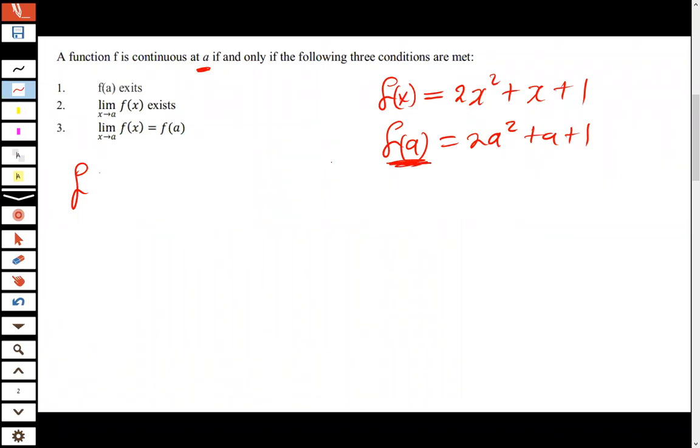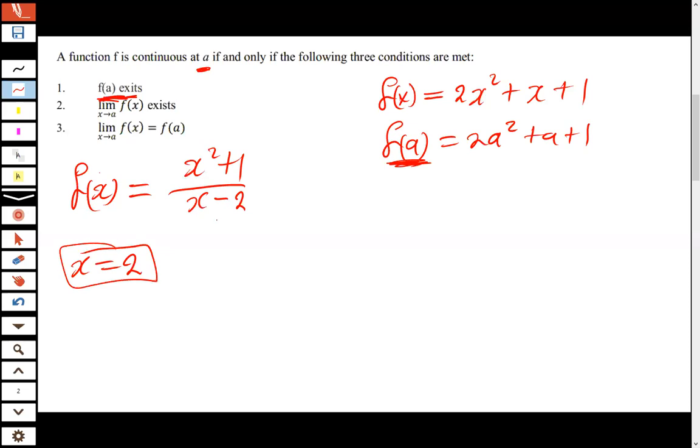So in short, if you have f of x equal to x squared plus 1 over x minus 2, and then they ask you to determine whether this function is continuous at x is equal to 2, you first have to find f of A. What they mean by asking whether f of A exists or not is that you have to replace x with the number in the function, and then check if the function is going to be undefined or not.